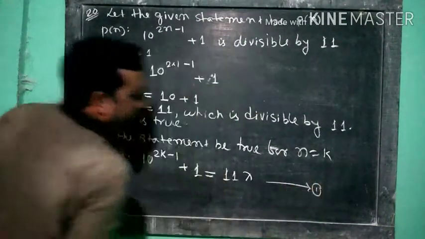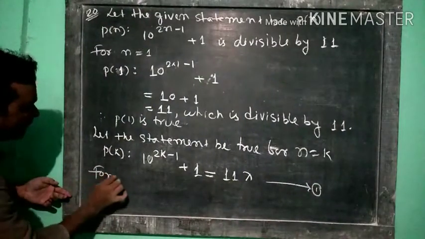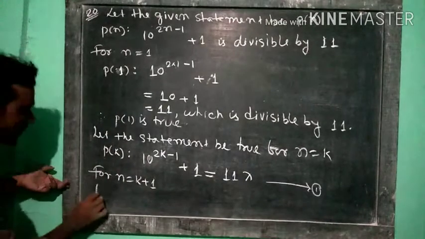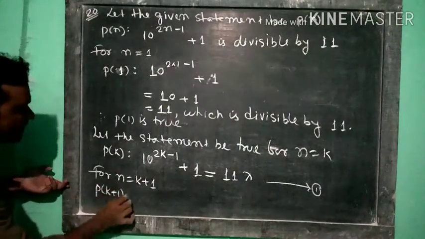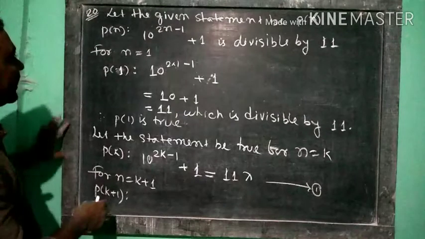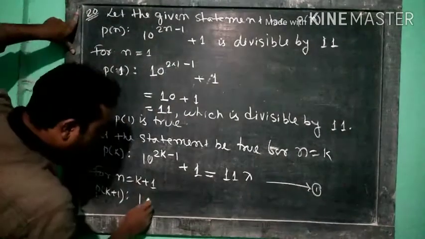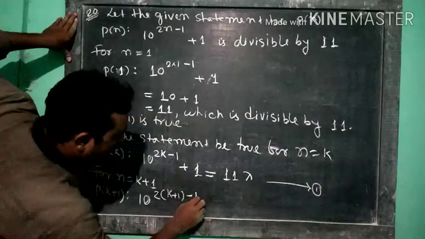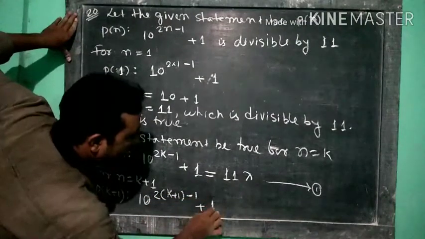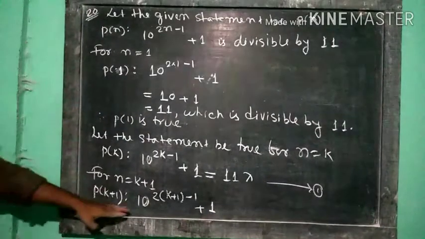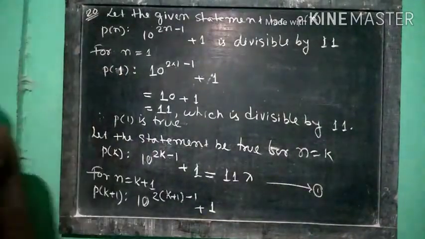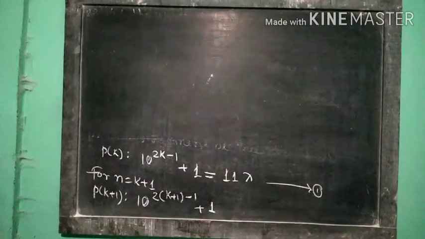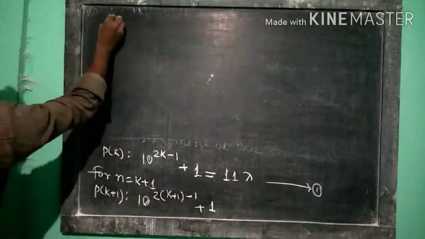This is equation number 1. Step 3: for n equal to k plus 1, let us check. P of k plus 1 is 10 to the power 2(k plus 1) minus 1 plus 1. We have to show that this is divisible by 11.